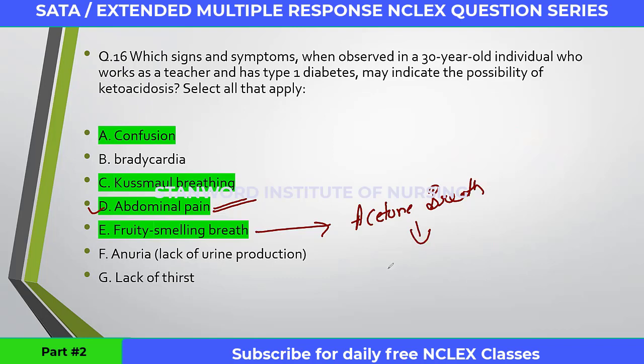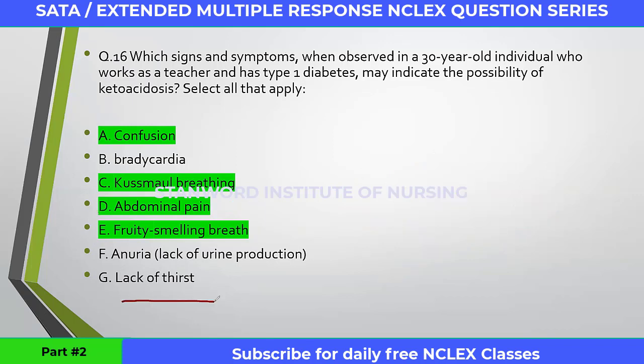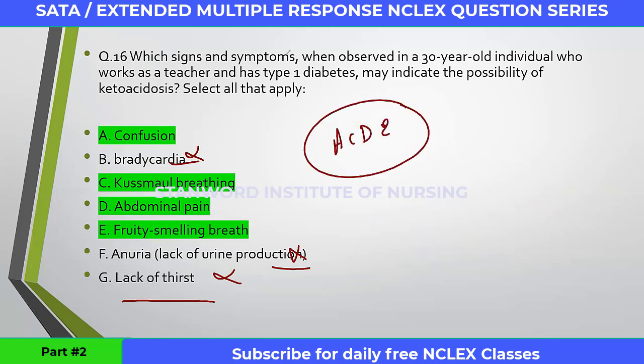It occurs due to acids or ketone production, so the patient's breath automatically converts to a fruity smell. That is the concept of this option. And lack of thirst, anuria, lack of urine production, and bradycardia are irrelevant options, so these will not be correct here. So A, C, D, and E will be the right answer of the MCQ.